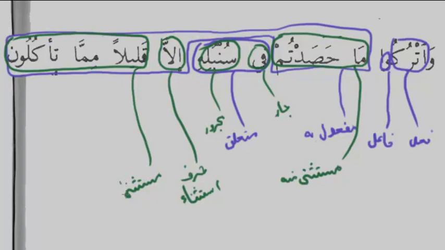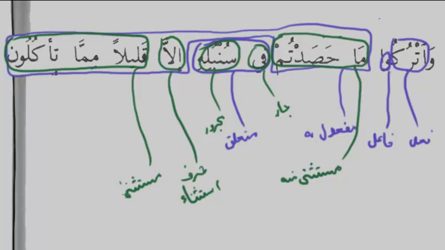In the Hidayat al-Nahu book, he defines it. It says: al-mustathna lafdhun yuzkaru ba'da illa wa akhawatiha, liyu'lama annahu la yunsabu ilayhi ma nusiba ila ma qablahu.